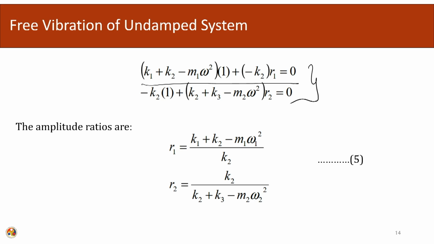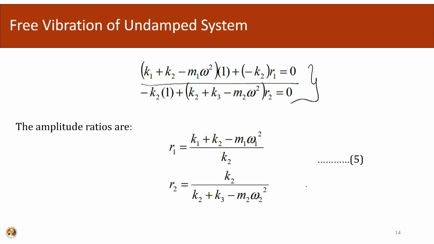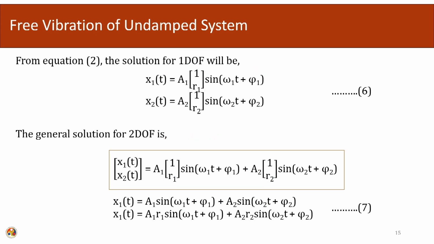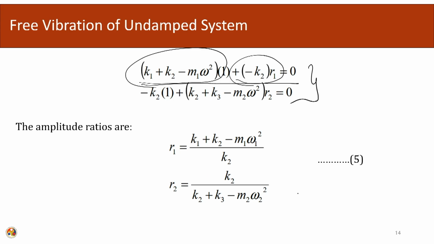So, using this equation, it means k1 plus k2 minus omega square times 1, and minus k2 times r. So, this is the first equation, and minus k2 times 1 plus this number times r is my second equation.